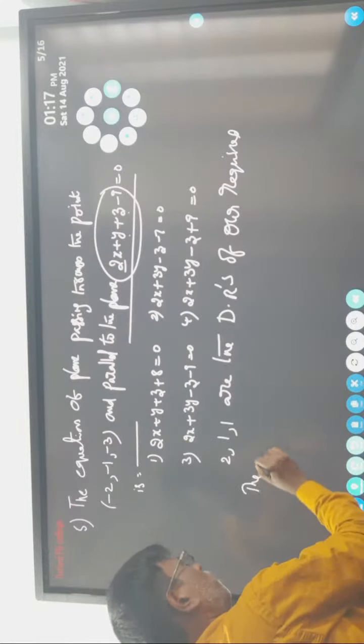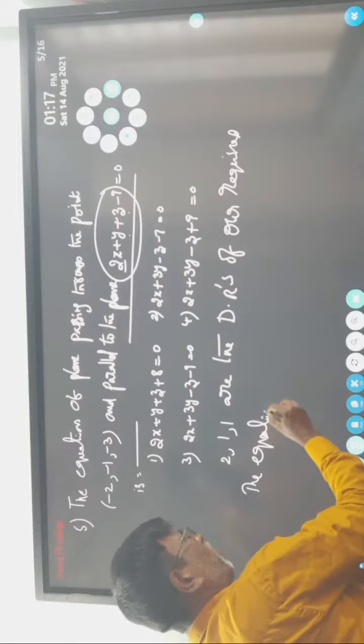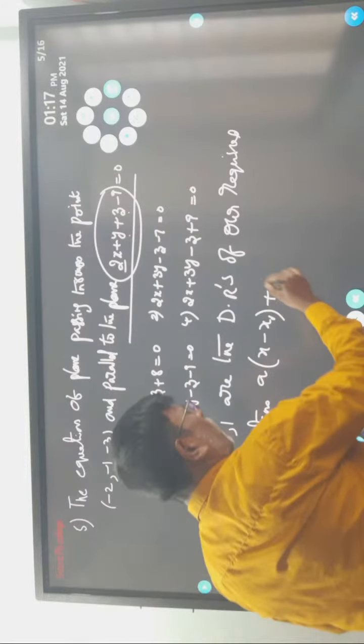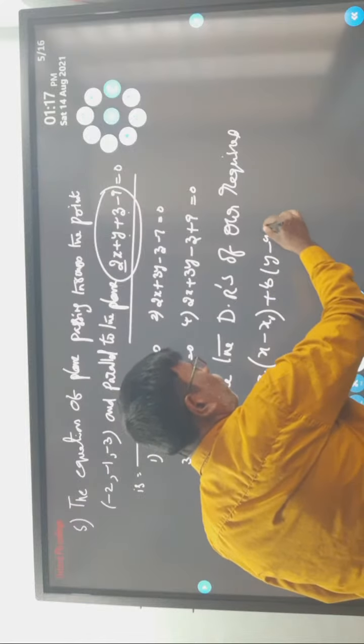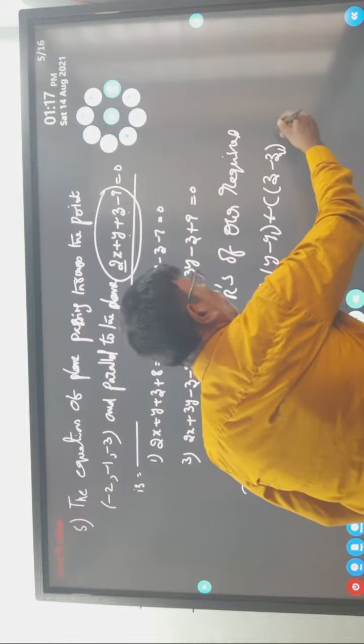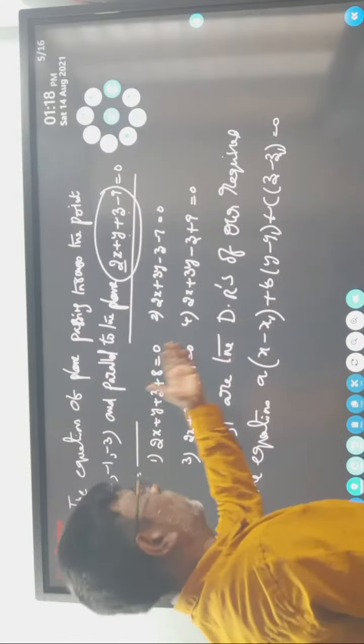The equation of the plane: apply the formula a into x minus x1 plus b into y minus y1 plus c into z minus z1 equals 0. The plane passes through the point, and the DRs I know.